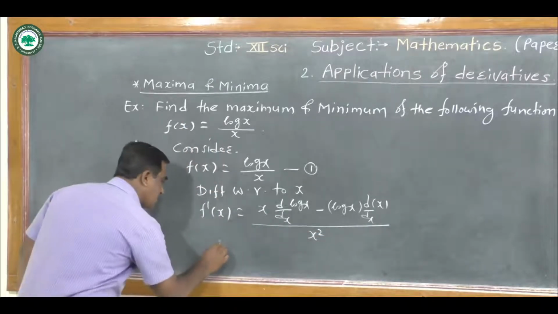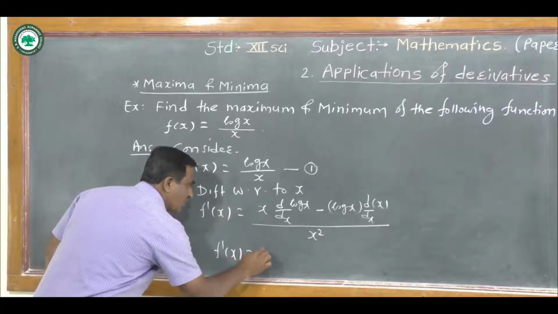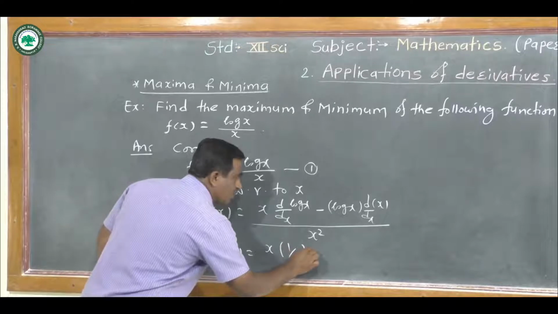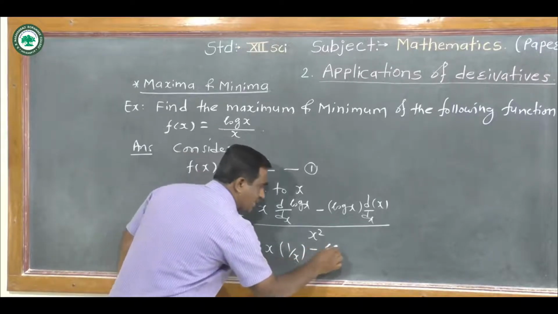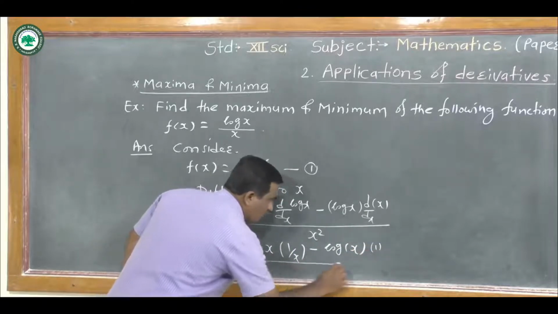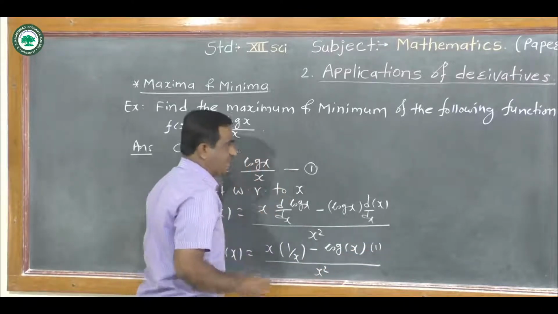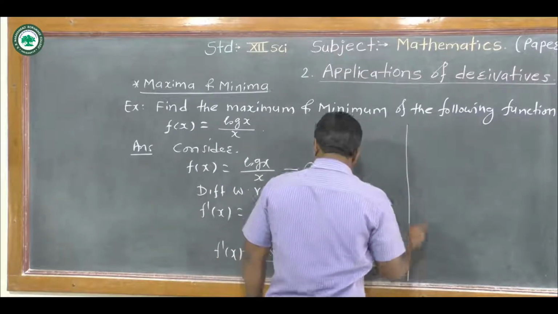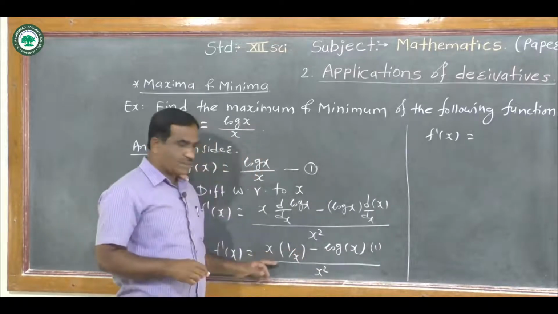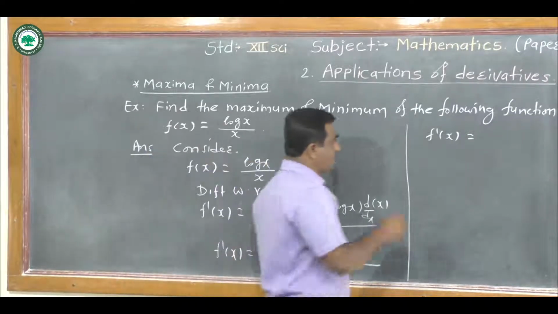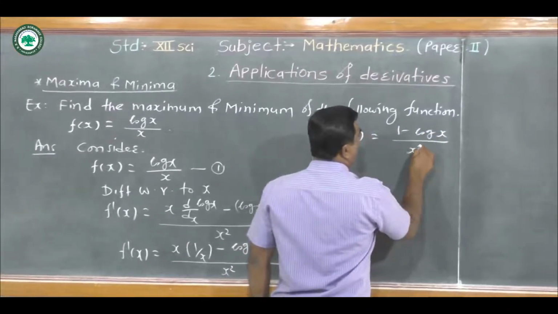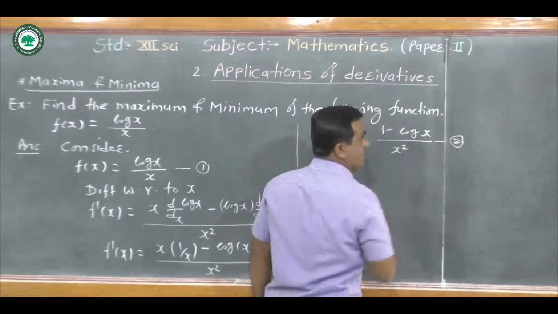Okay, that is f dash of x is equal to x as it is, derivative of log x is 1 upon x, minus log x as it is, derivative of x is 1, upon x square as it is. Now further, f dash of x is equal to, here x upon x equal to 1, so 1 minus log x upon x square. Say this as equation number second.